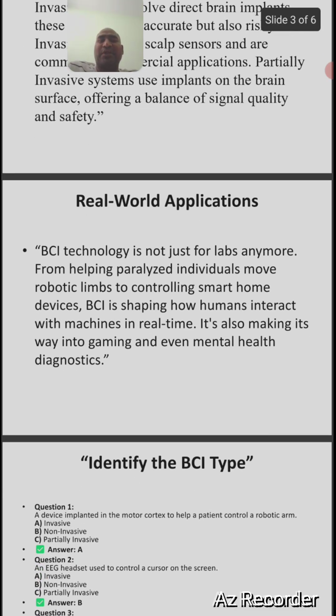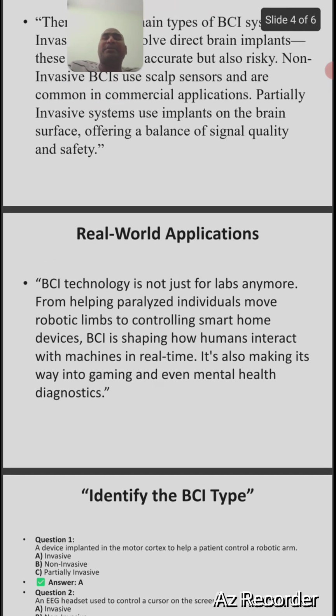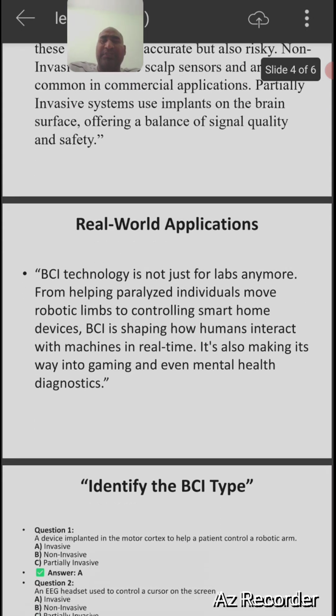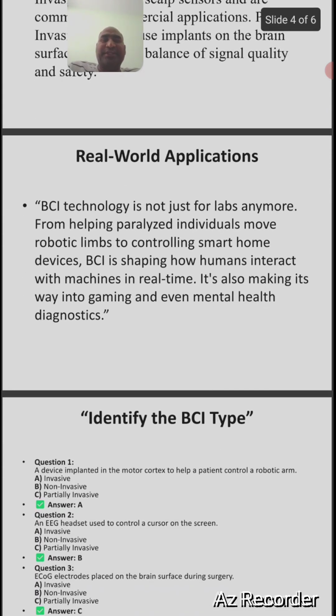Not only these, there are so many applications: drone control, cursor control, a robotic arm, a robotic chair. Any type of application where the mind or brain is the main important element, the brain signals are carried out in a different manner.